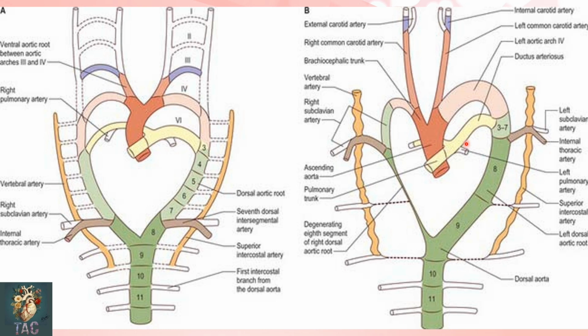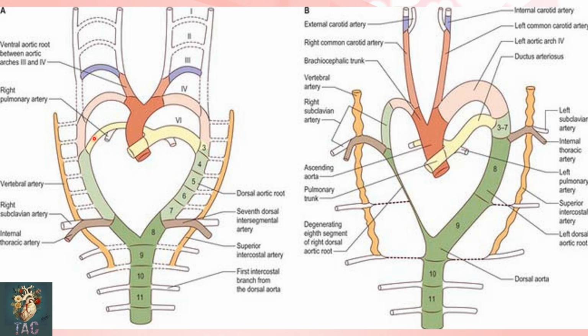Another very important point you must remember is that the branch of the vagus nerve, the recurrent laryngeal nerve, initially hooks around the 6th aortic arch. This is the right side and this is the left side, and the recurrent laryngeal nerve will hook around it, and then it will ascend and supply the 6th pharyngeal arch.